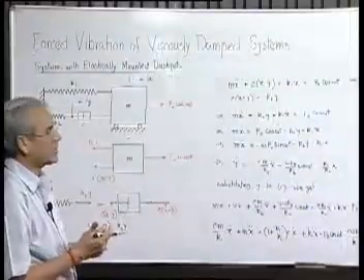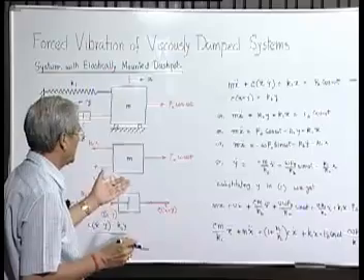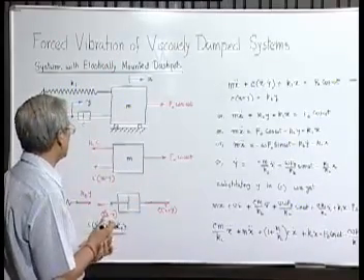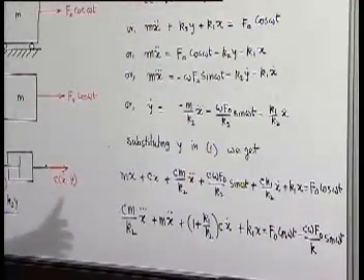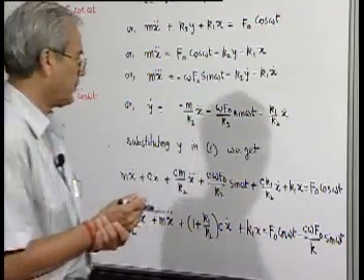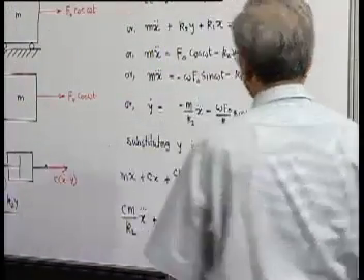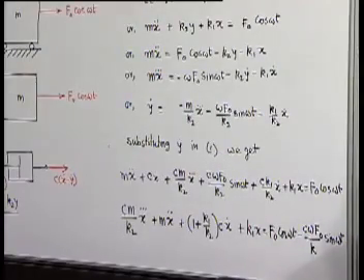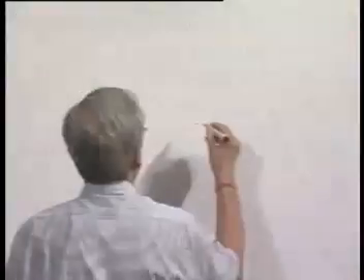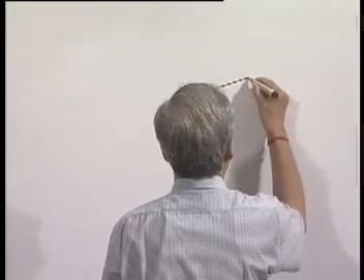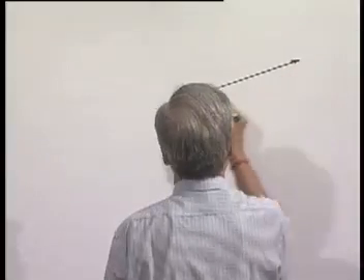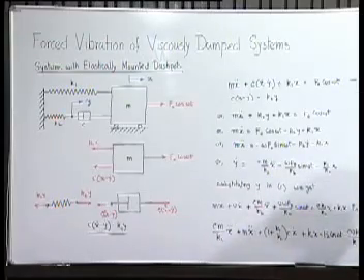So, solving this equation is going to be again problematic. Problematic in the sense you have to assume x is equal to again some X into cosine omega t minus phi and substitute it here and then solve the equations. Much simpler way could be perhaps if we again try to use the rotating vector approach. So, we know that x can be represented by a vector like this, and we multiply it by K1.